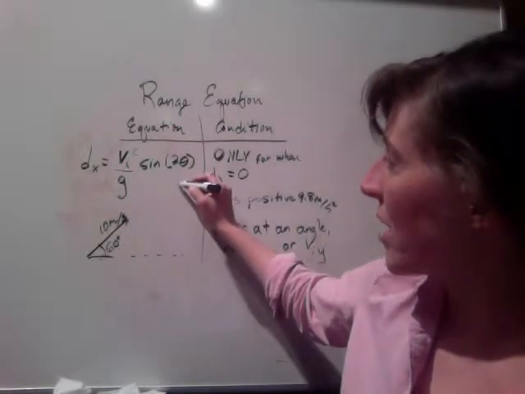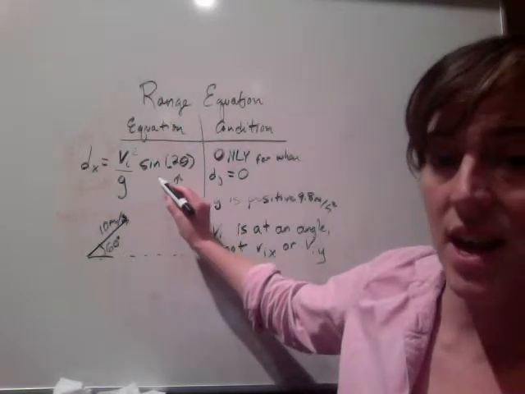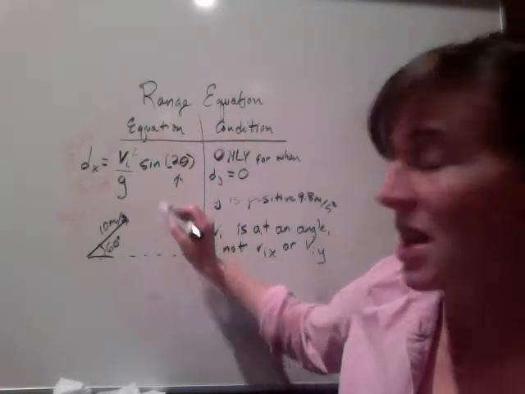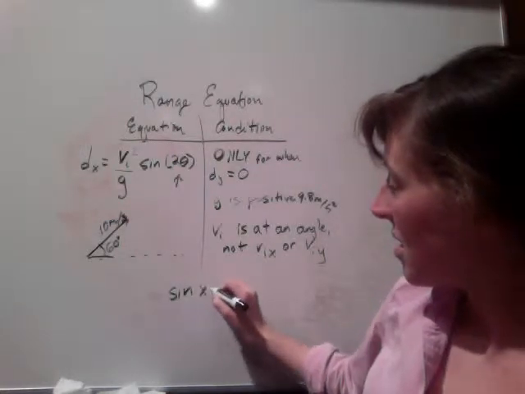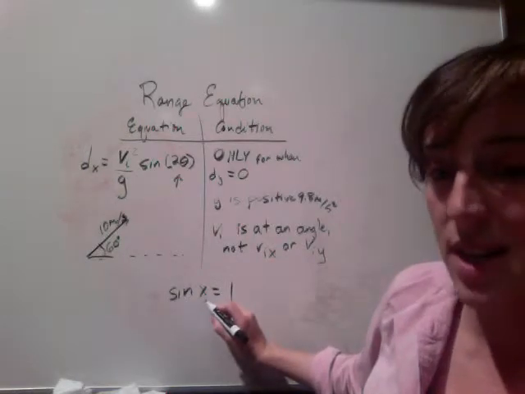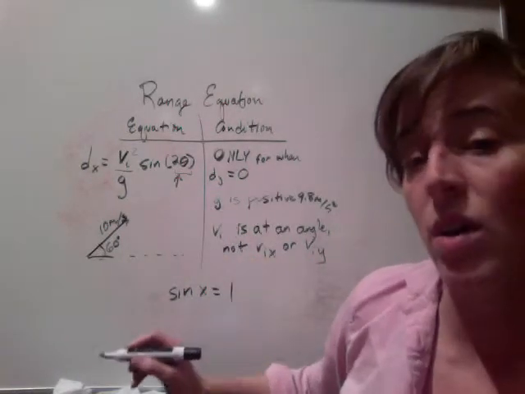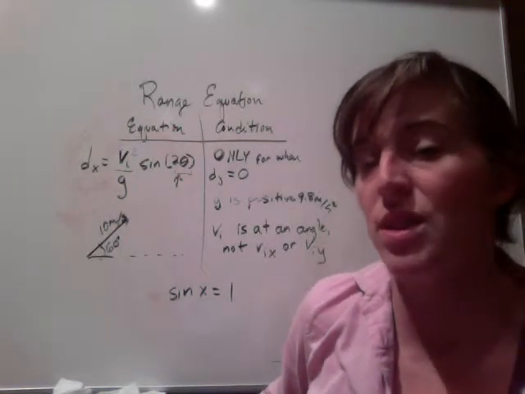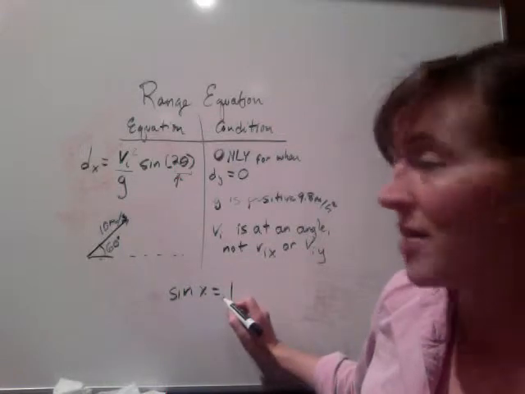Also, theoretically speaking, what is the maximum that sine of some angle can be? The most it can be is 1. And so in this case, what I've drawn here as x is 2 theta. So what angle will give you the farthest range, that will maximize this to be 1?